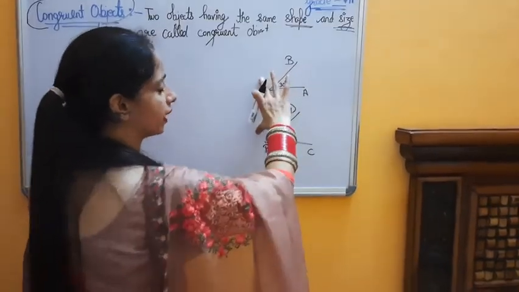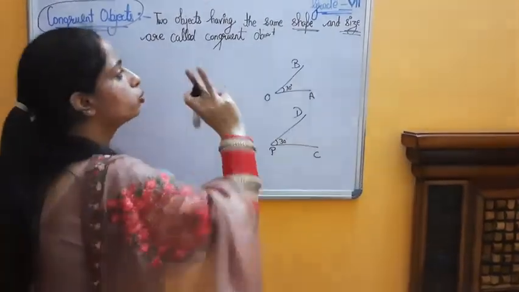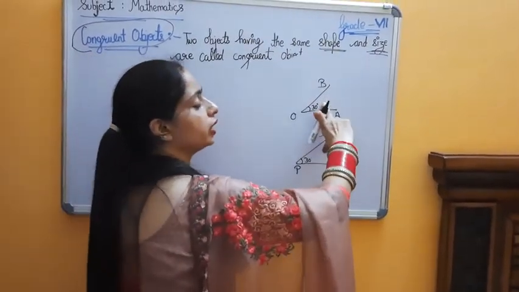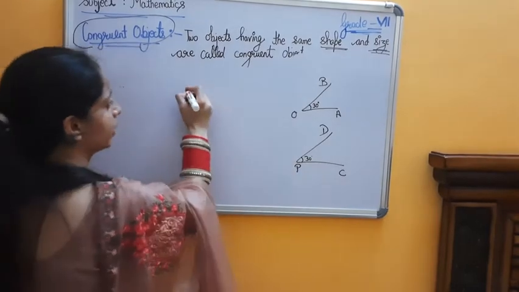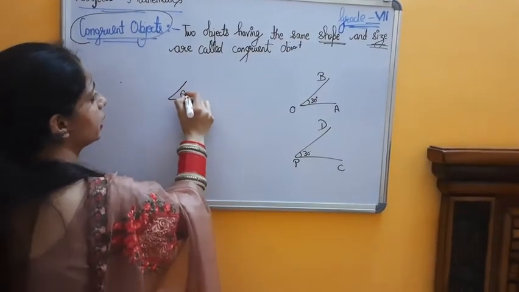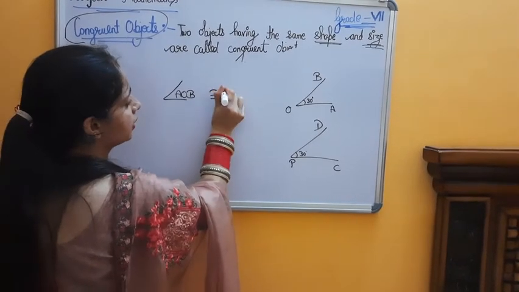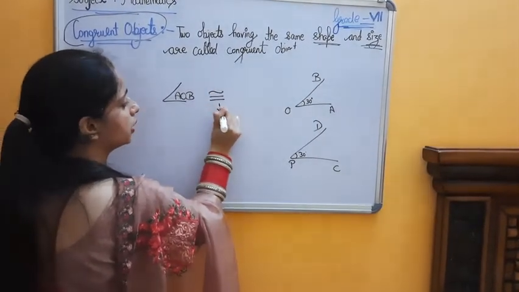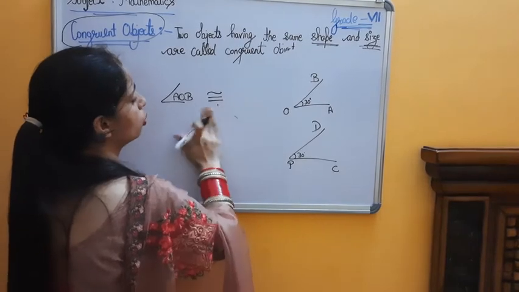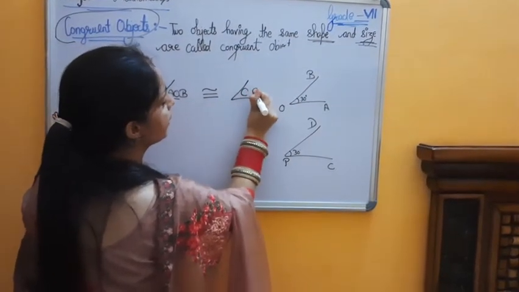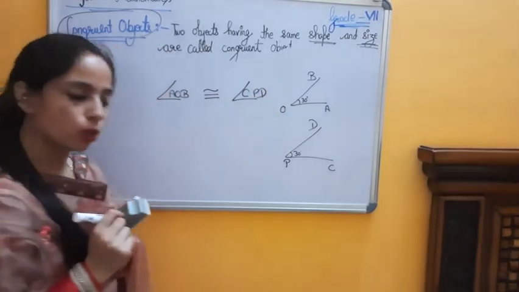So these two angles are congruent. Two angles are congruent when they have equal measure. So how will we write? We will write angle AOB, the congruency sign, this represents congruent to, angle CPD.